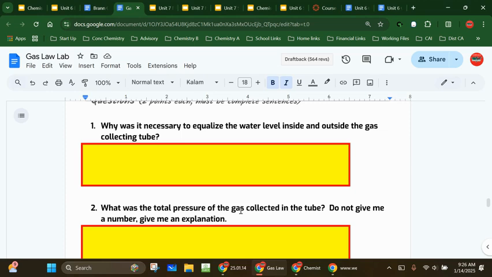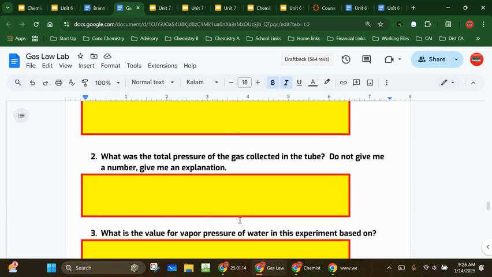What was the total pressure of the gas collected in the tube? Do not give me a number, give me an explanation. So what gases were in that tube when you were done? It was more than just the hydrogen gas. There was another gas in there. Tell me what the gases were. By the way, you look at calculation number 2, that will help.